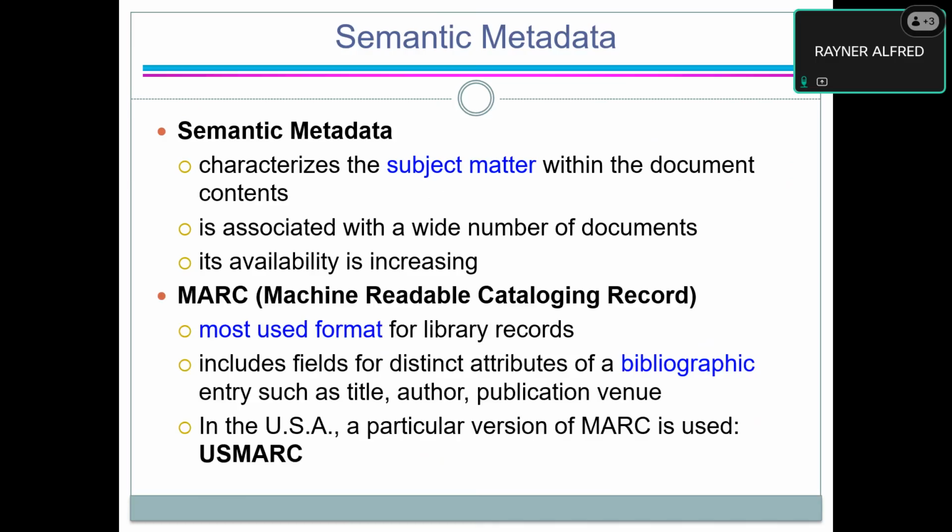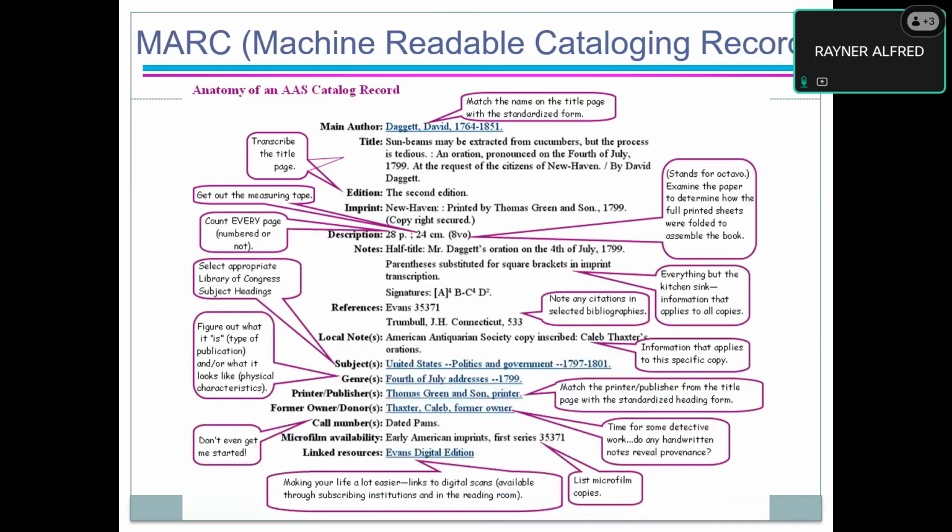So this is machine readable cataloging record, so most used format for library. So it includes several distinct attributes of bibliographic entries, such as what is the title, who is the author, where is the paper published. So this is the format of the machine readable cataloging record, so in which they are all digitized.